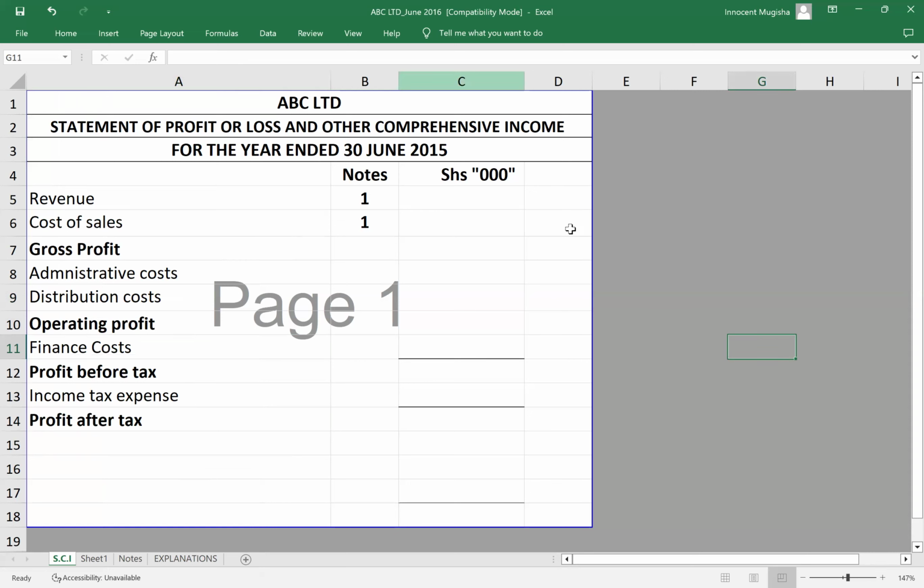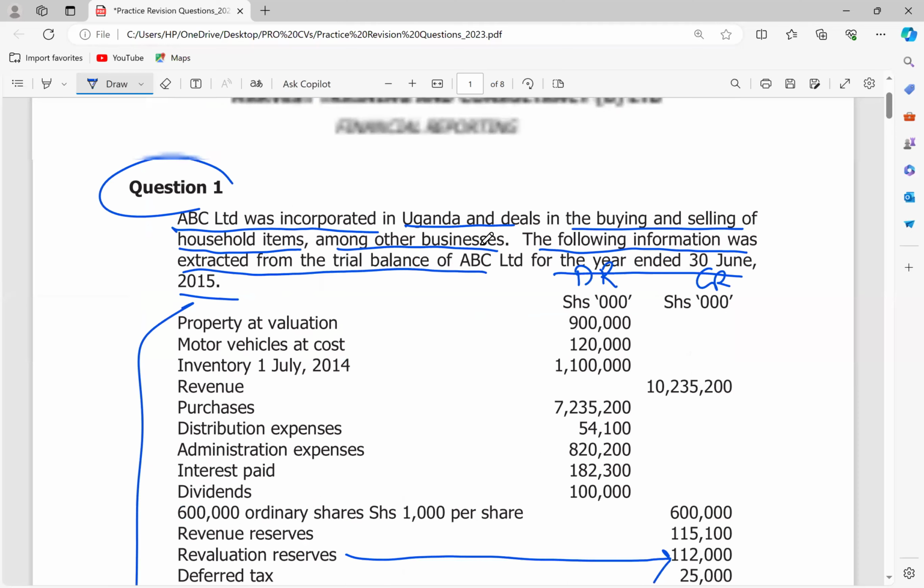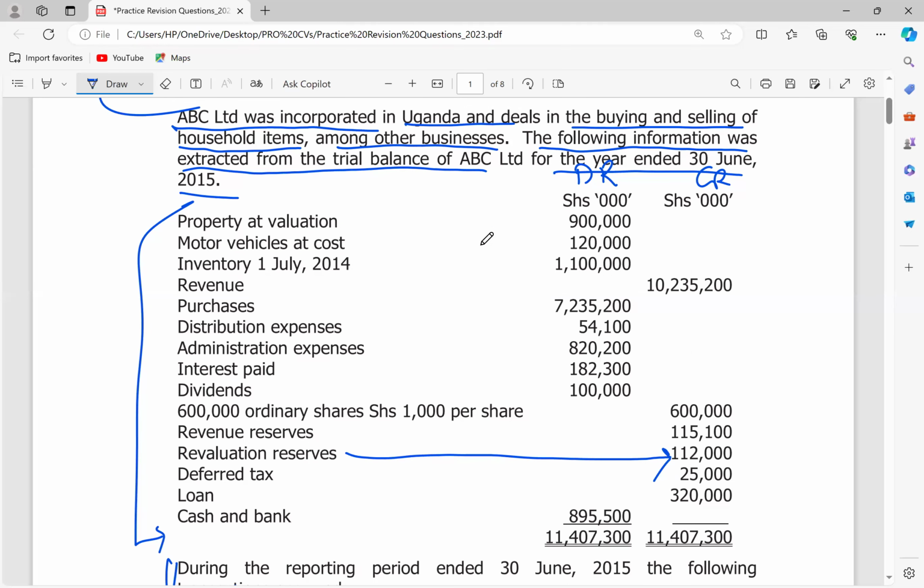Remember, in our discussion, we mentioned that the statement of profit or loss can be prepared in 2 major ways. You can prepare expense by function or expense by nature. So, how do I know which format I'm going to use? Should I use expense by function?